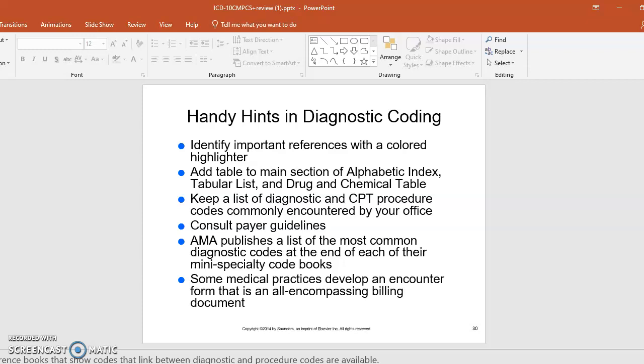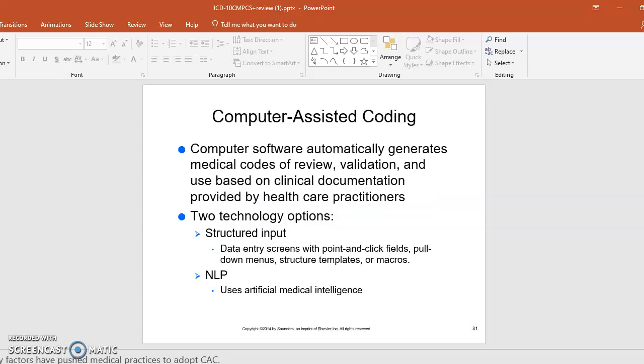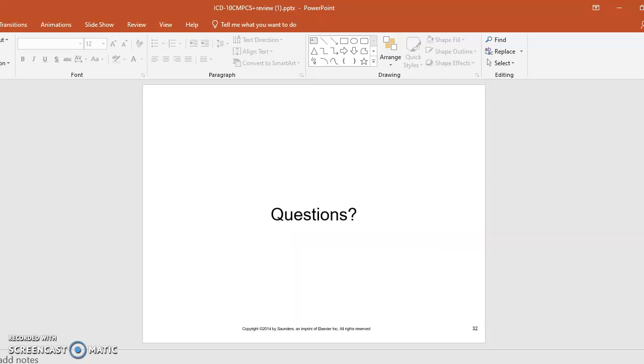Consult payer guidelines. Okay, computer-assisted coding generates medical codes after they review the documentation. But one thing to remember is a coder needs to go through that. So if you have any questions, let me know, but hopefully this was a good review. We'll be having some more PowerPoints coming up.